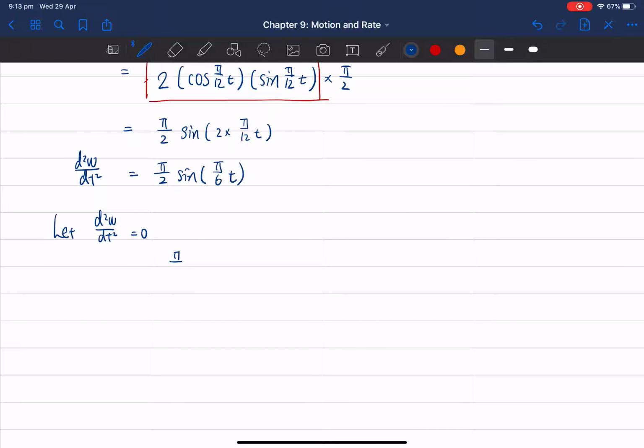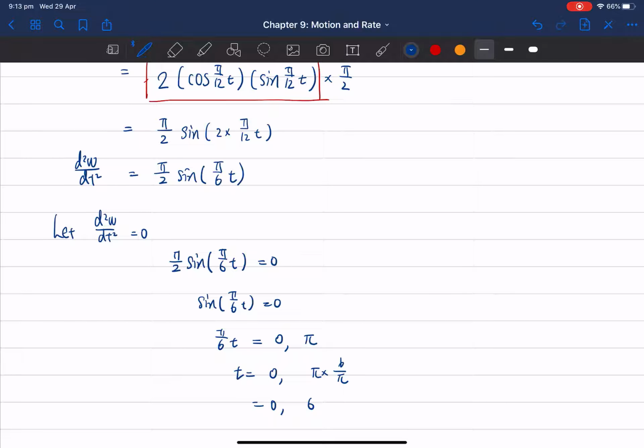So pi over 2 sine bracket pi over 6t is equal to 0. So we basically solve this equation. Pi over 6t is equal to 0, and the second one is pi. So t is equal to 0, and t is equal to pi times by 6 over pi, which is 6.